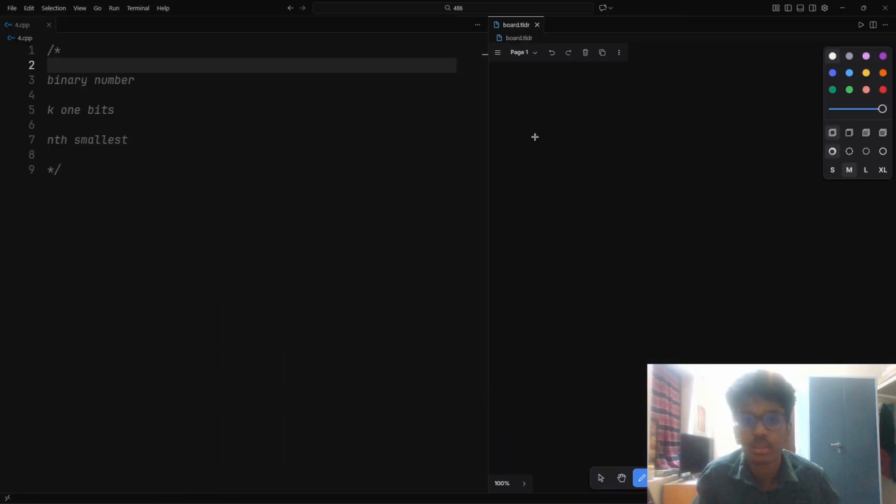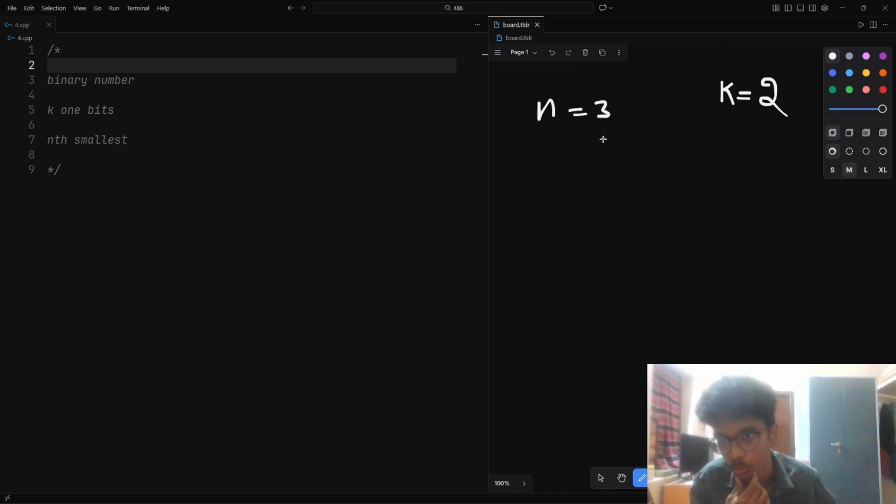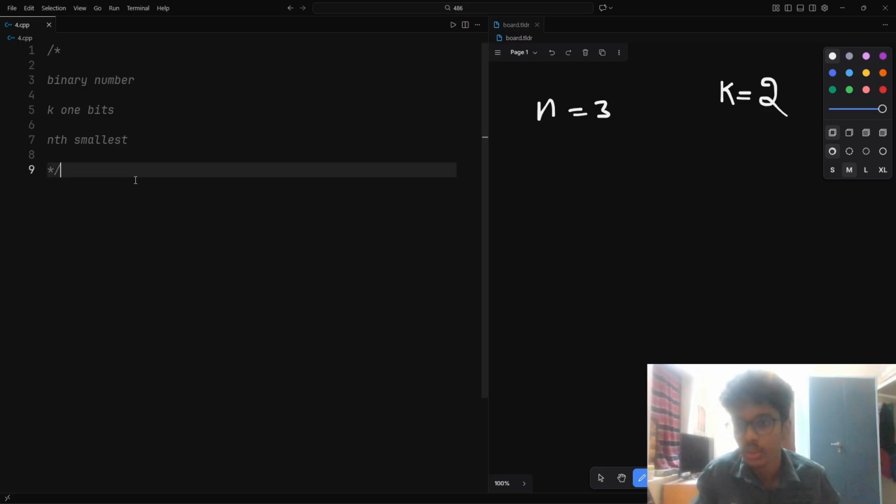So let's say I have n equal to 3, that means I should find the third smallest number, and k equal to 2. What do I need? I need the nth smallest.